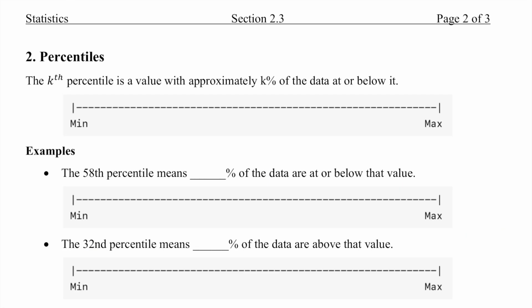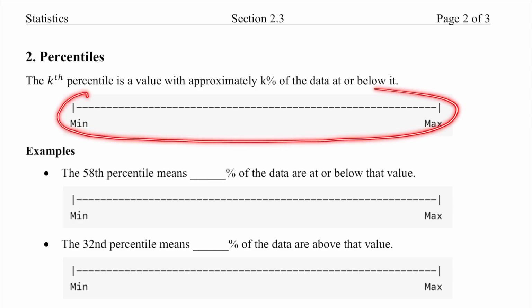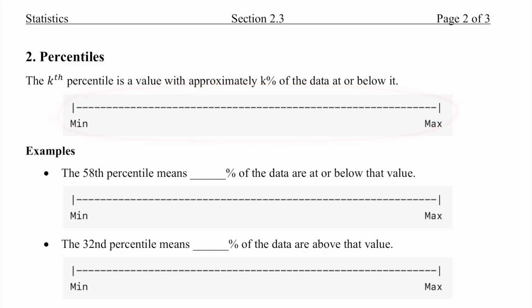Now, let's talk about percentiles. A percentile tells us the percentage of observations that fall at or below a certain value. For example, imagine this is my data set arranged from the least to the greatest.